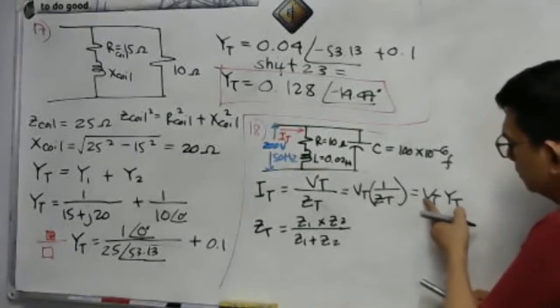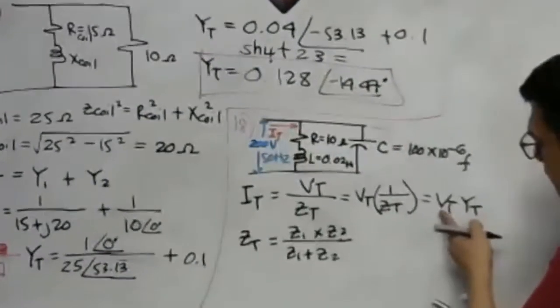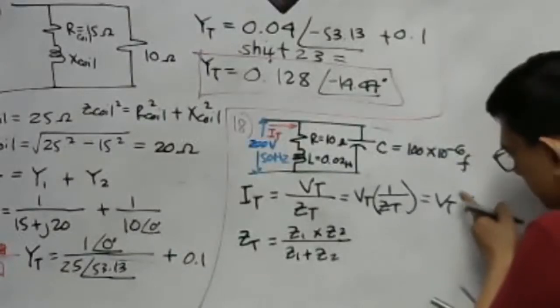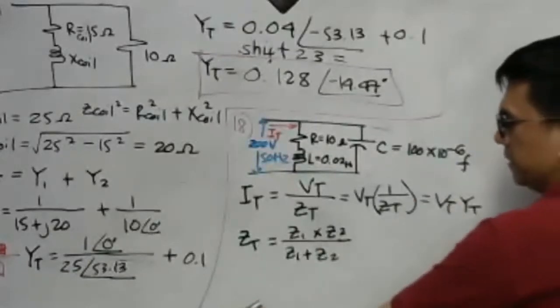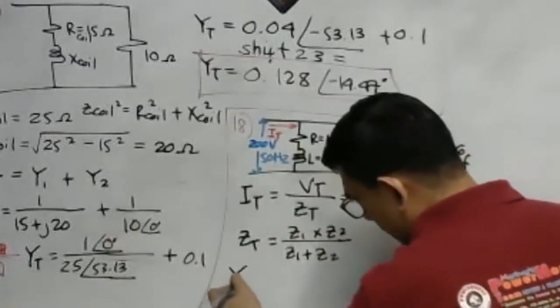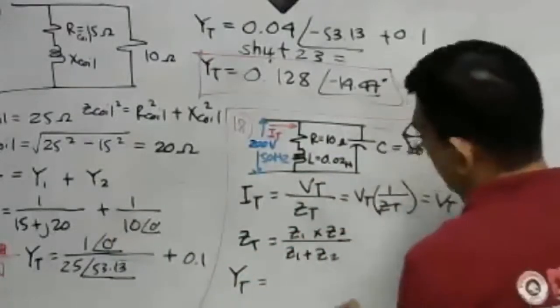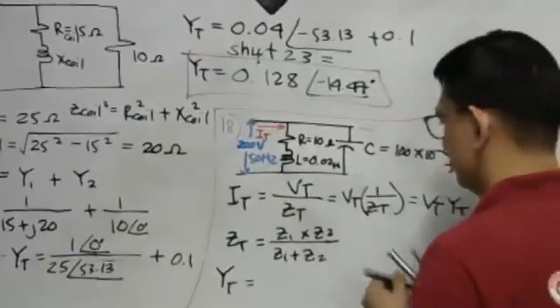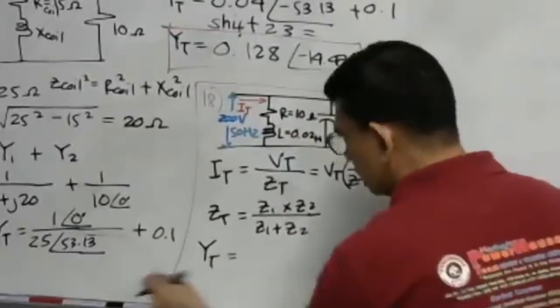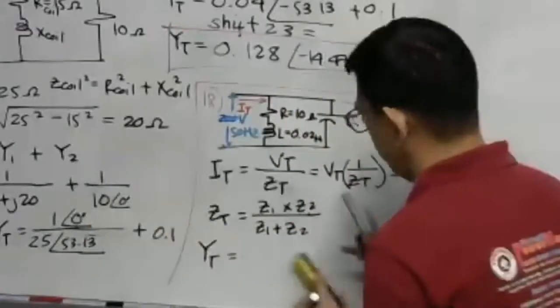Okay. Y total. Let us solve first Y total, just like what we did before. Y total is simply equal to, oh, by the way, I think we have to get first our X sub L and X sub C, right?